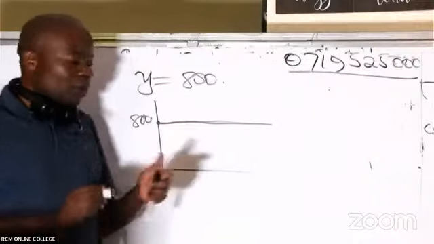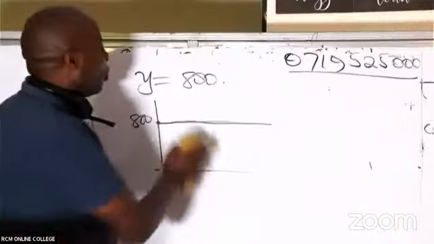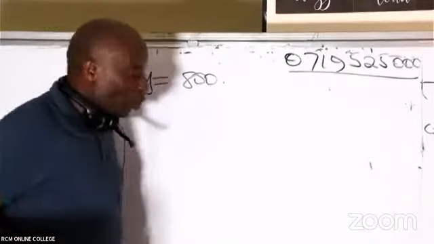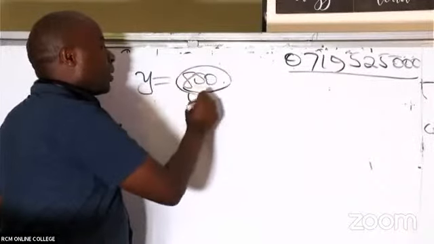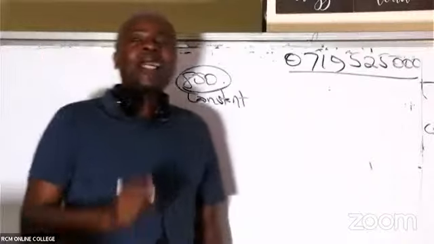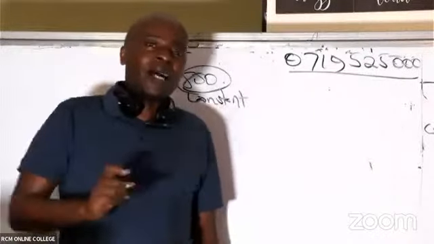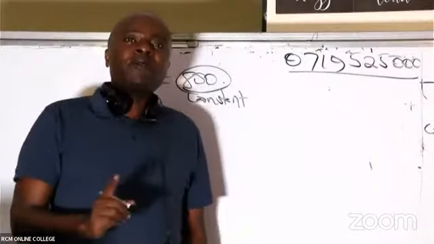To make your life easy, ladies and gentlemen, this is what I would always want you to cram: that which doesn't have x is known as a constant. And constants, whenever they are differentiated, they disappear. You cram it that way.